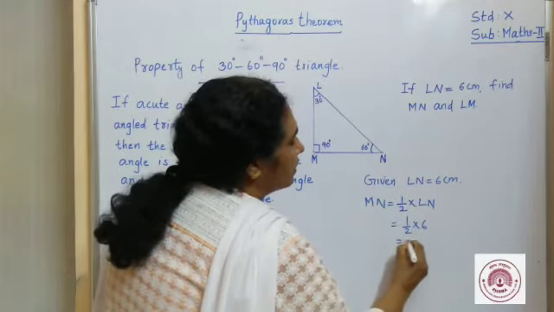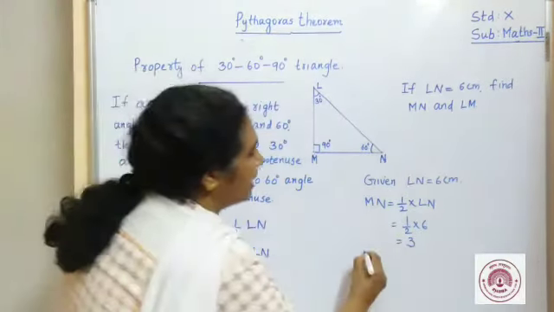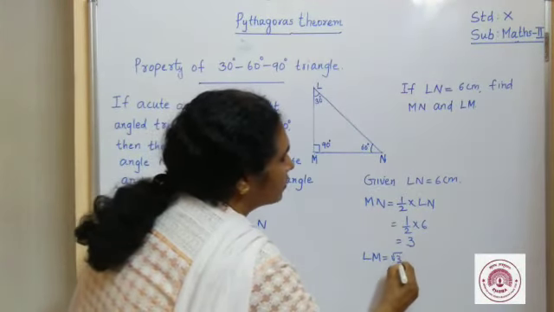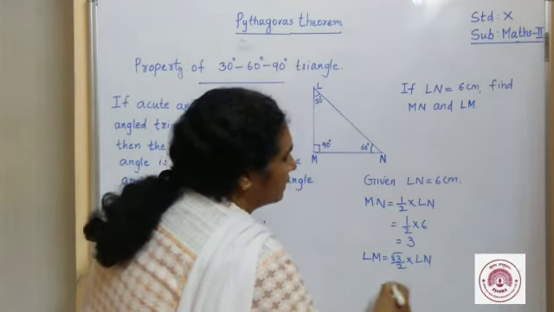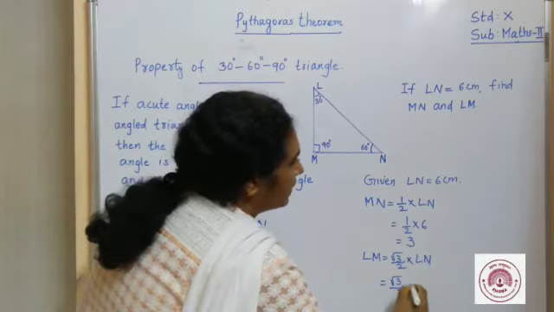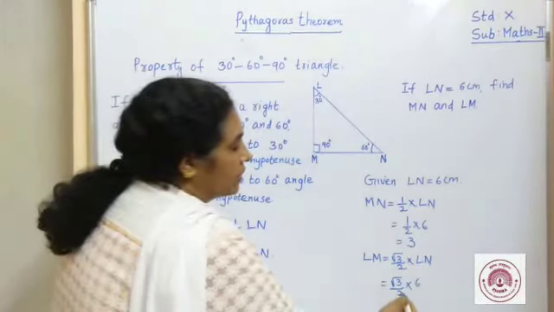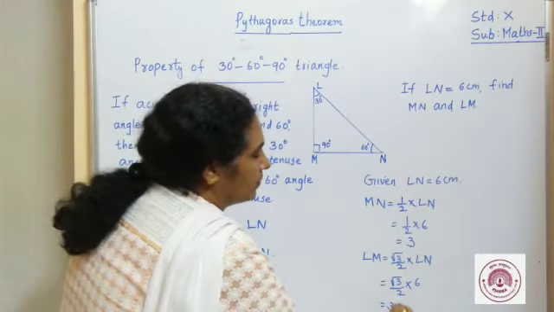Half into 6 is equal to 3. Therefore, MN is equal to 3. And what is LM? Root 3 by 2 times the hypotenuse LN, that is root 3 by 2 into 6. LN is equal to 6. So cancelling this 2 and 6, 3, it is equal to 3 root 3.